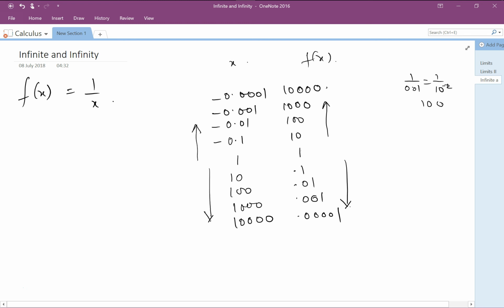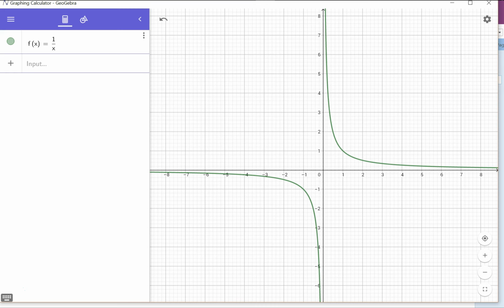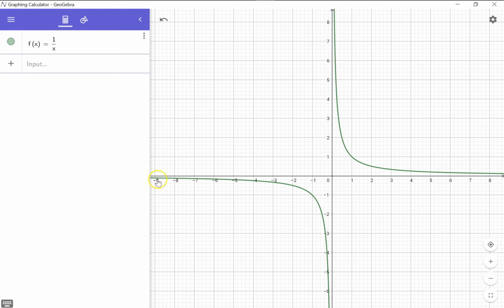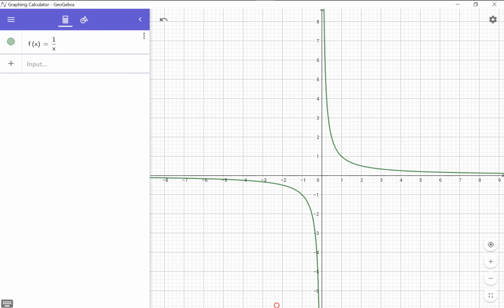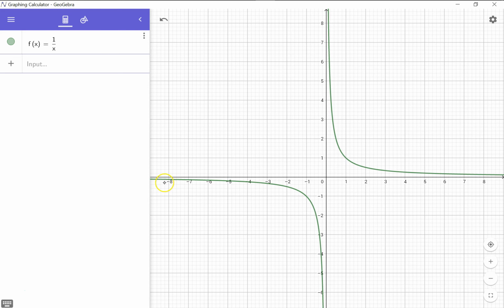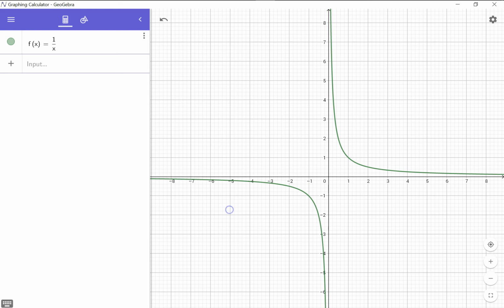Let's look at the graph of this. When x gets smaller and smaller and smaller, f of x gets closer and closer to 0. But it actually never becomes 0.